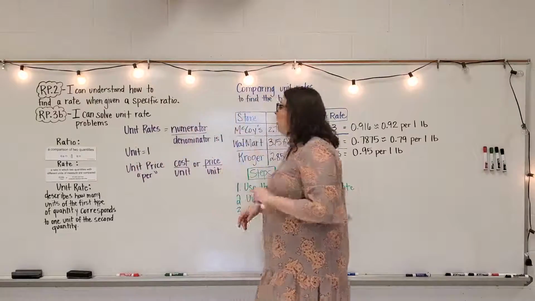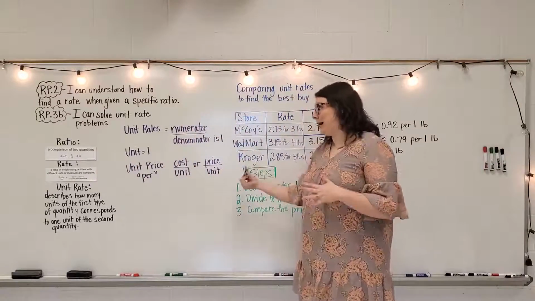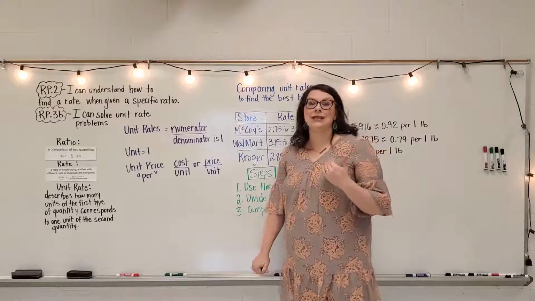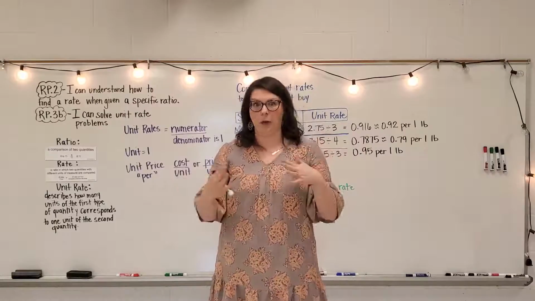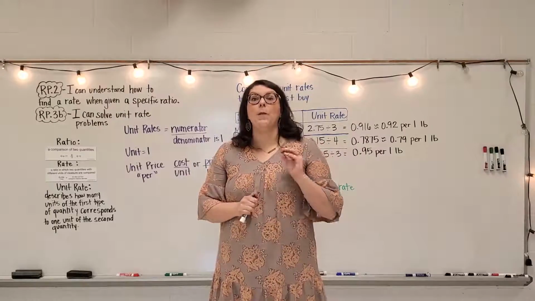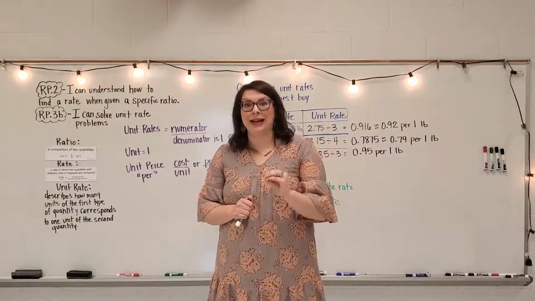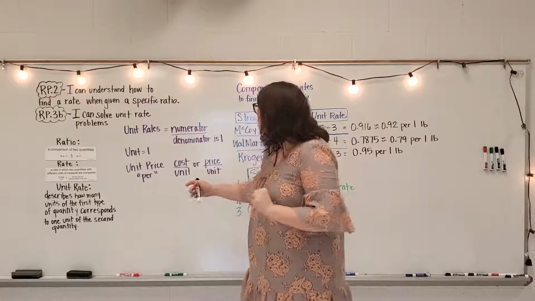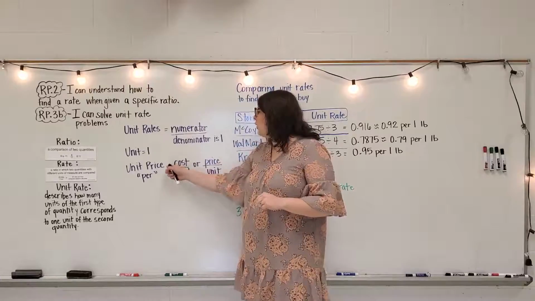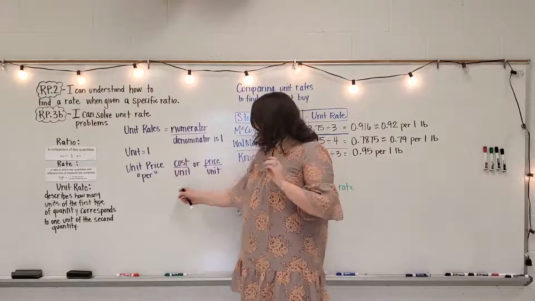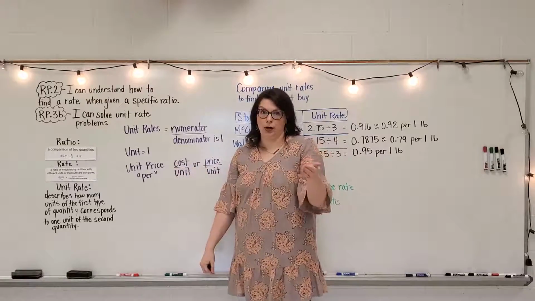All right, so we can use unit rates for lots of things, like miles per hour, things like that. But in a unit rate, it gets down to 1. So we see a lot of things using the word per, like cost per unit or price per unit.